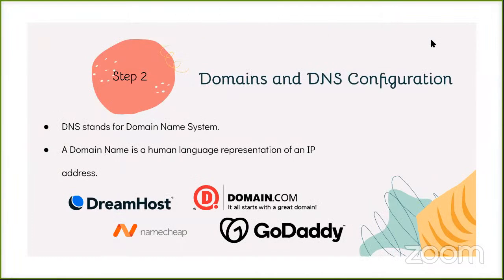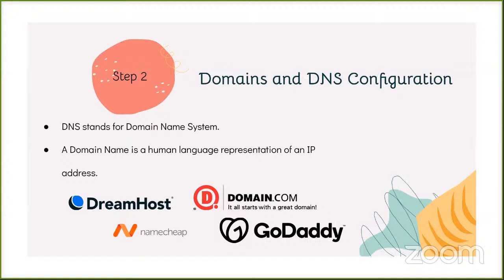The next step we need to do is domains and DNS configuration. DNS stands for domain name system. What this does is map your IP address to your domain name, and this makes it easier to find particular websites.